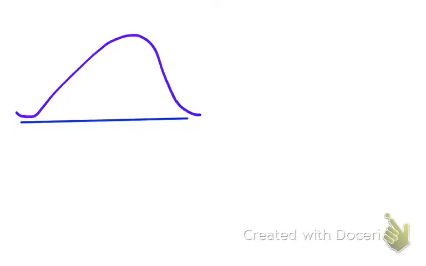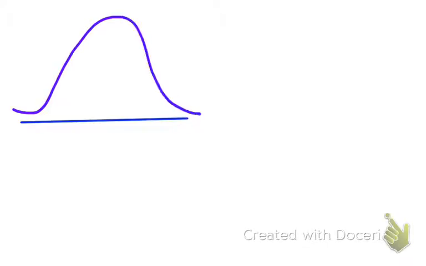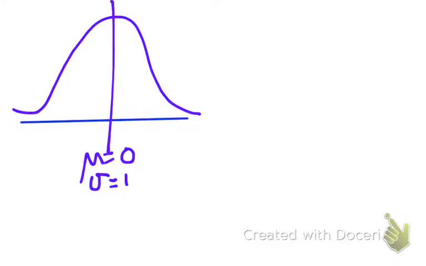Here's our normal distribution, or rather our standard normal distribution. There's our mean of 0 and a standard deviation of 1.